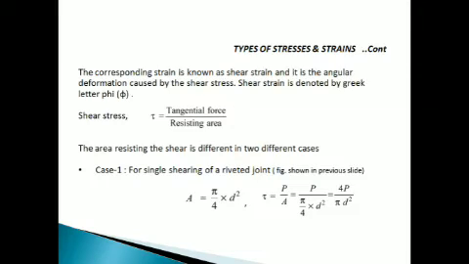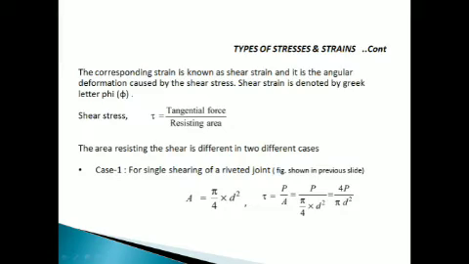The formula for shear stress is tau is equal to tangential force divided by resisting area. This resisting area is different for two different cases. Case 1 is for single shearing of a riveted joint.